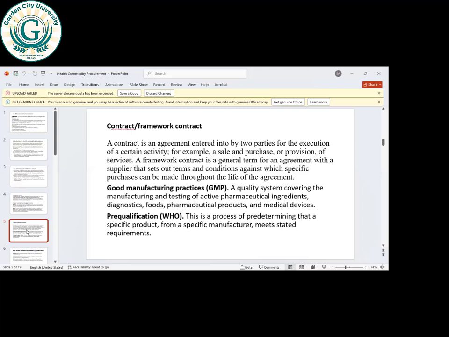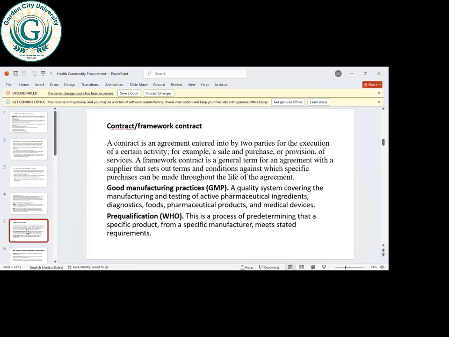So when it comes to the contract, after the tendering process, when they send a bid, you evaluate and then you select a supplier.